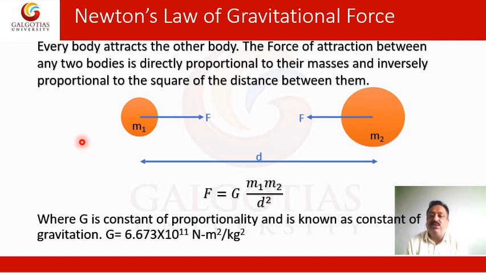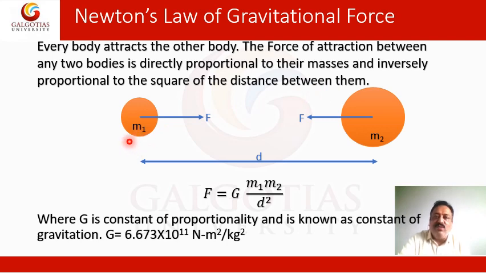Newton was the first to identify it and prove it. He said that every body attracts the other body. The force of attraction between any two bodies is directly proportional to their masses and inversely proportional to the square of the distance between them.